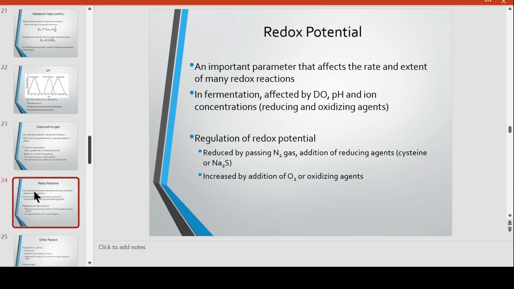If you want to increase the redox potential, you add oxygen or oxidizing agents. The reason why we need to monitor this is that if the redox potential becomes so high, you will have reactive oxygen species in your fermenter, and that is basically toxic to the cells.